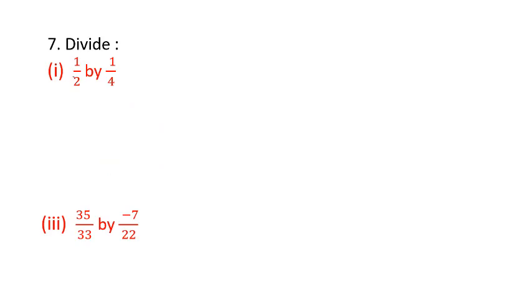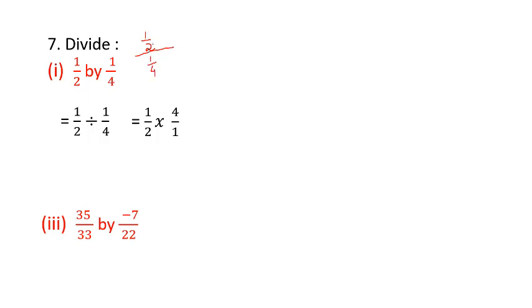Now divide 1 by 2 by 1 by 4. 1 by 2 divide. See, in the next step what I have done, I have changed the division sign to multiplication. Let me explain to you the physical structure of 1 by 2 divided by 1 by 4.